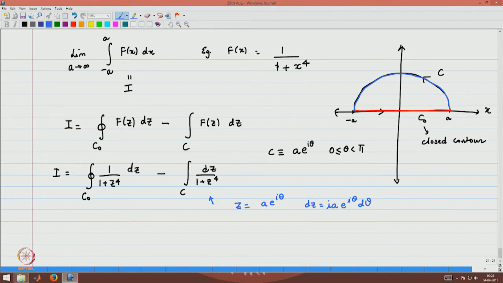And so then this second integral becomes the following. The integral over C of dz over 1 plus z power 4 is equal to, limit as a tends to infinity, the integral from 0 to pi of I a e to the I theta d theta divided by 1 plus a e to the I theta, all raised to the fourth power.